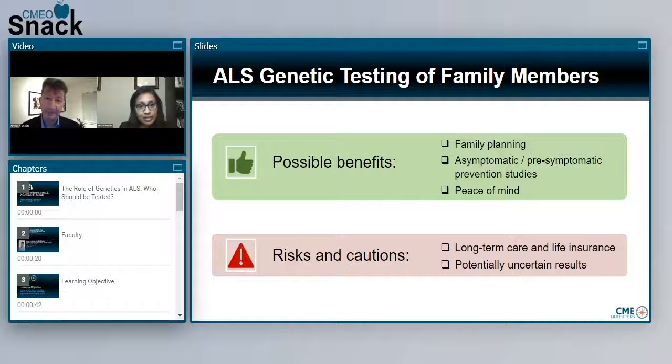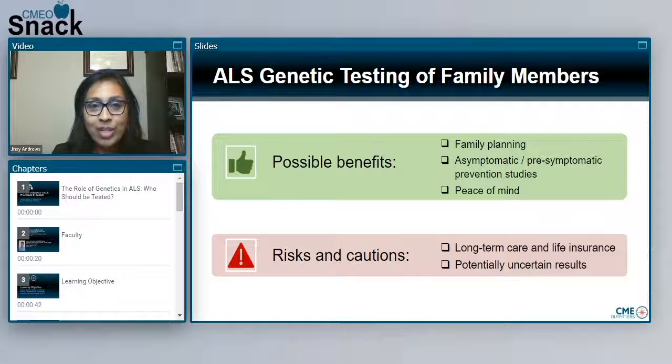What about for you? For us, at our center, we don't routinely test individuals that are asymptomatic or pre-symptomatic. However, there are observational studies in the US looking at cohorts of relatives of people living with ALS, and those relatives may choose to participate once they've signed an informed consent and talked about the risks and benefits.